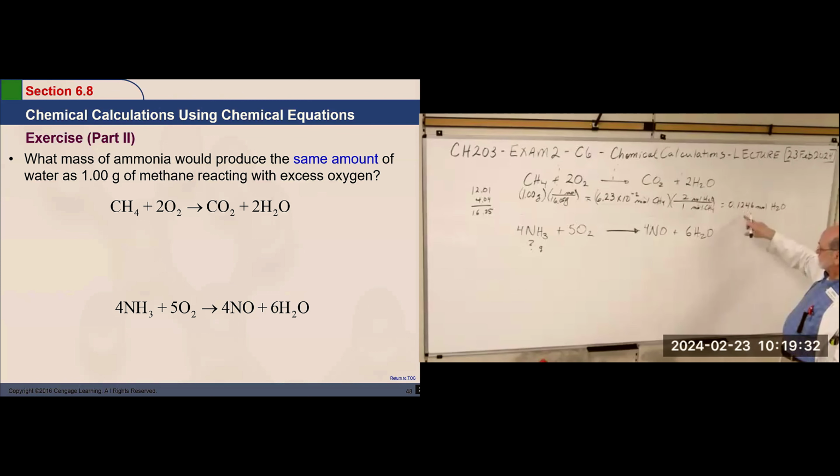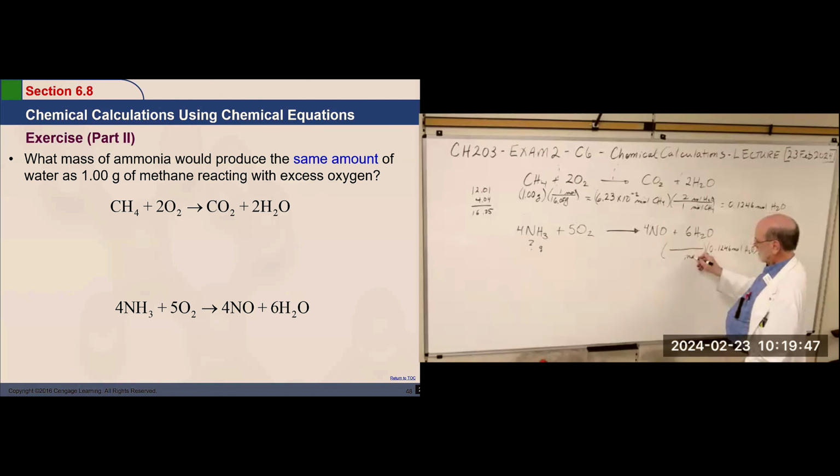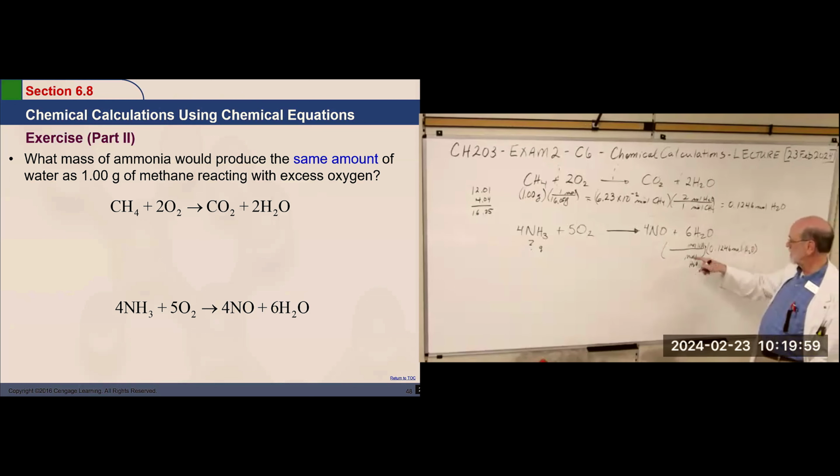So if this is the same number of moles of water, 0.1246 moles of water, and I'm going to go backwards. So moles of water cancel here and leaves us with moles of ammonia, right? So these will cancel.